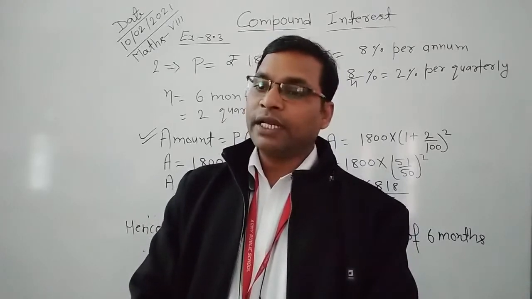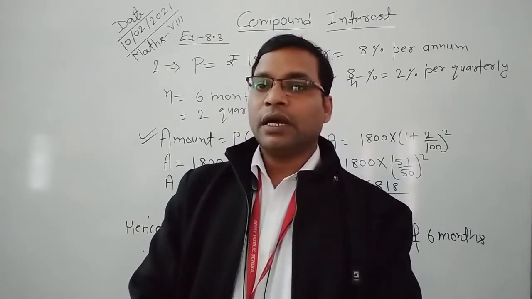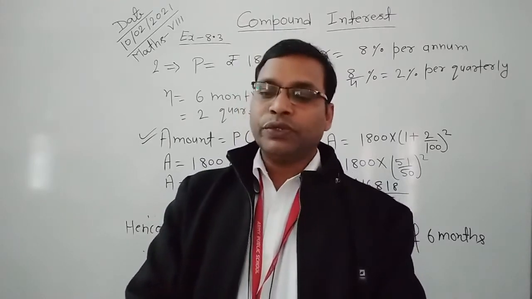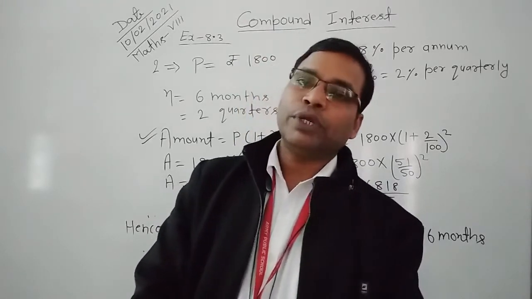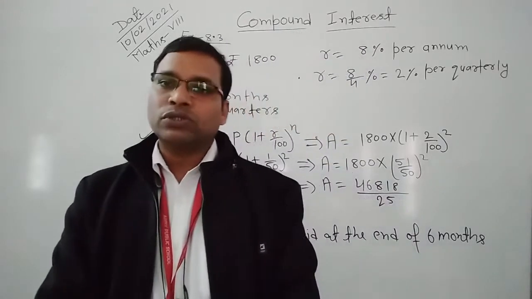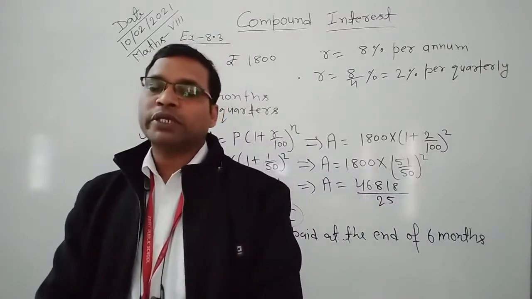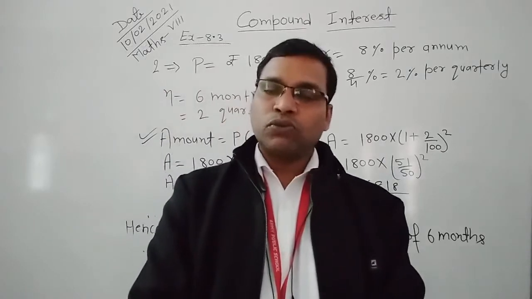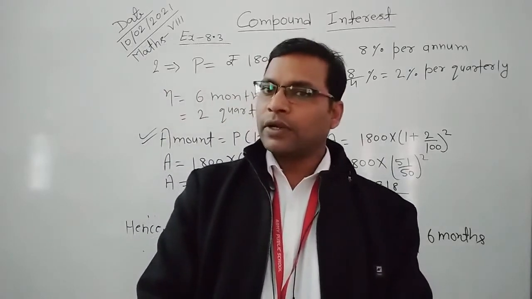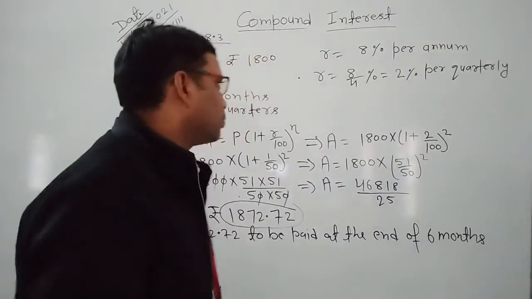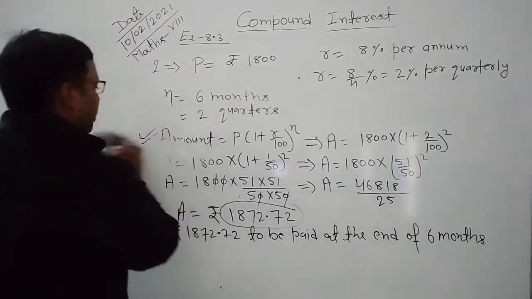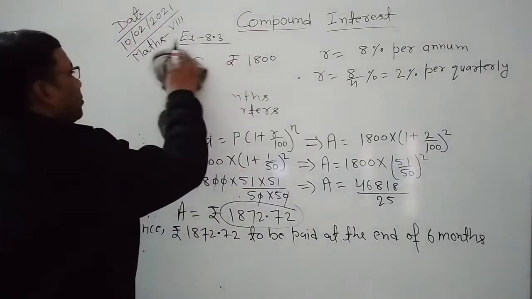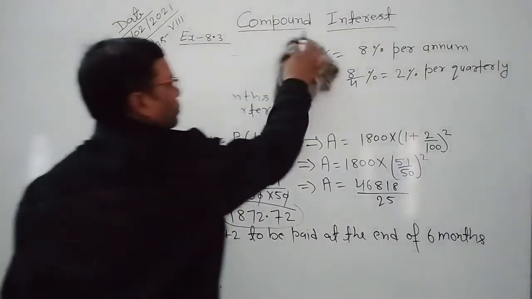So we need to find the amount. For such questions we use A is equal to P into (1 plus R1 upon 100) into (1 plus R2 upon 100). Let's see how to solve this question. First we read it, after this we solve it.